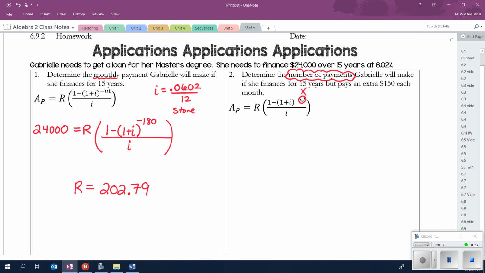Extra. So this is what I was talking about. People pay extra on their loan to make it go down faster. So her loan is still $24,000. But how much is she paying each month if she's going to pay an extra? $352.79.